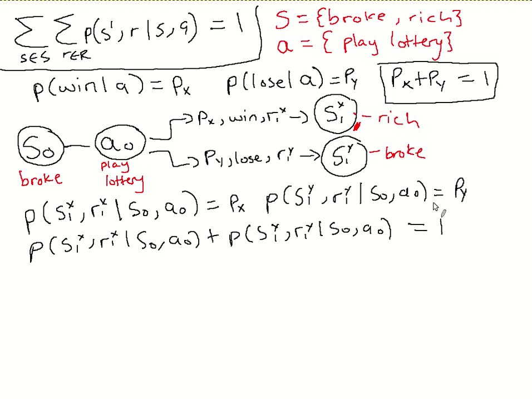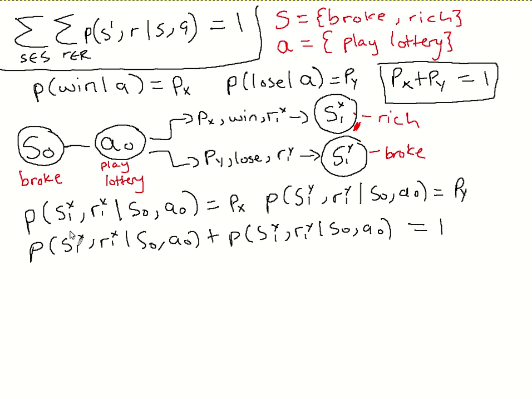Why? Because px plus py is equal to 1. That means this plus this is 1. That should be simple enough. So like I said, the derivation is simple. Now we can see why these probabilities are supposed to sum up to 1 as shown here.